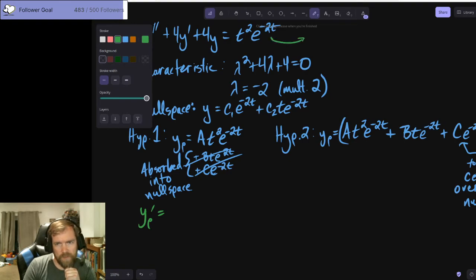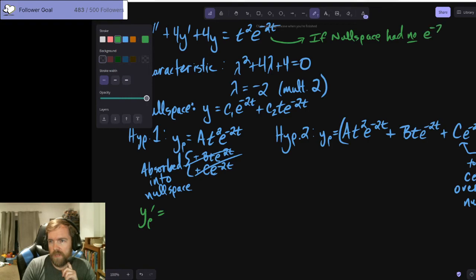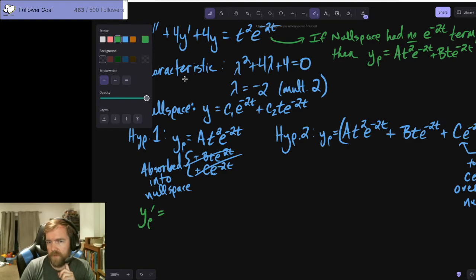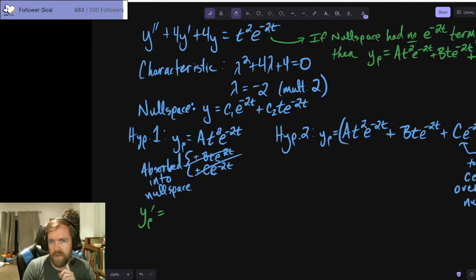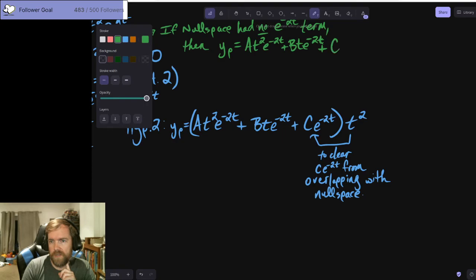Okay, so like if null space had no e to the negative 2t term, then y sub p would end up looking like at squared e to the negative 2t plus bt e to the negative 2t plus c e to the negative 2t.